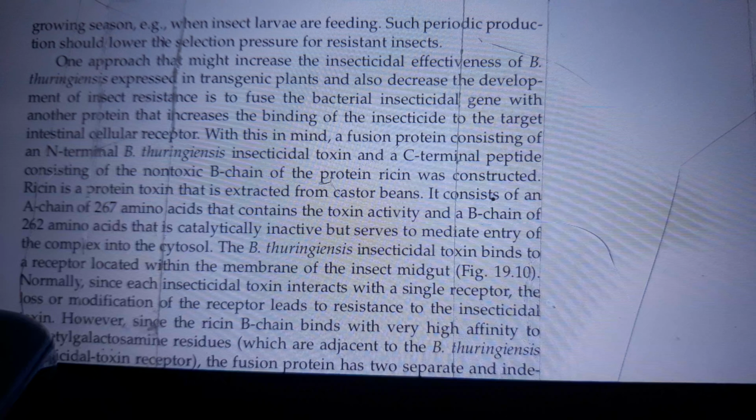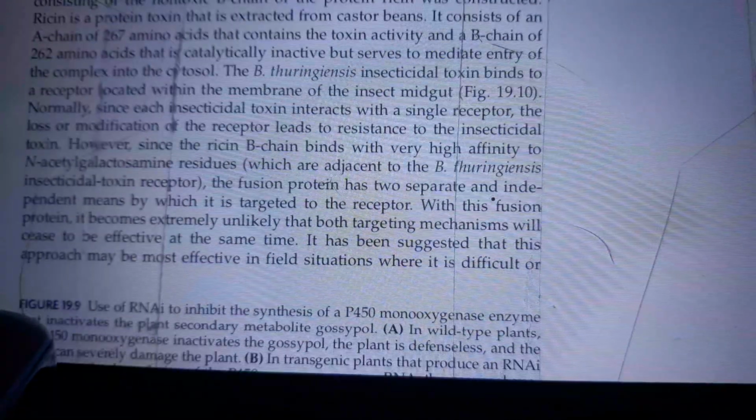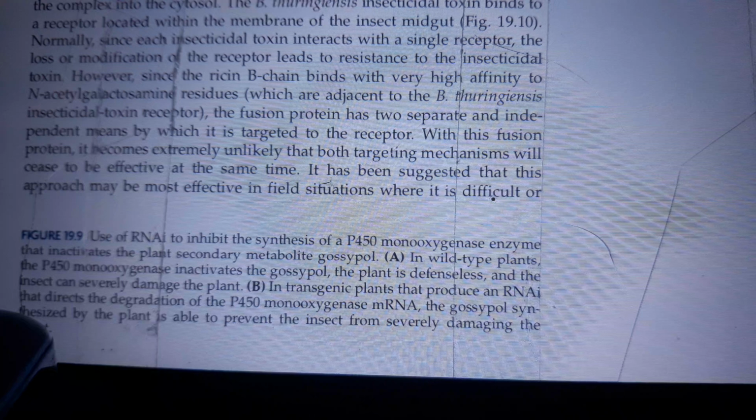The B. thuringiensis insecticidal toxin binds to a receptor located within the membrane of the insect gut. Normally, since each insecticidal toxin interacts with a single receptor, the loss or modification of the receptor leads to resistance to the insecticidal toxin.